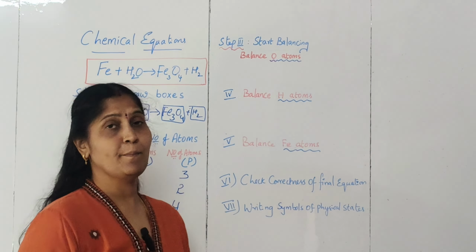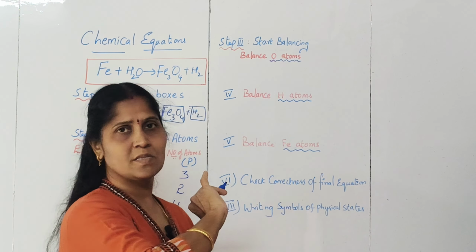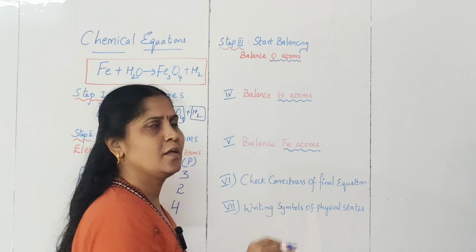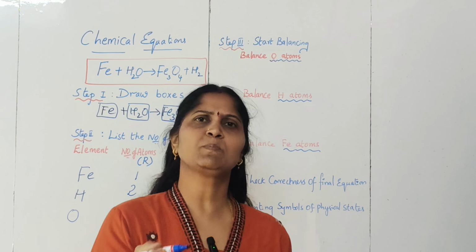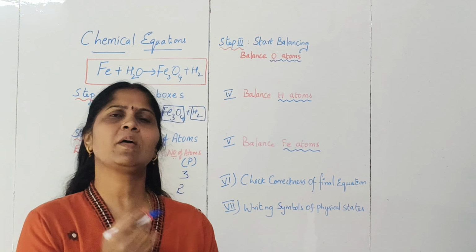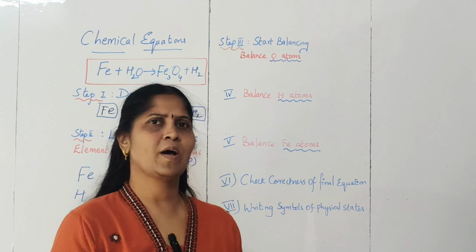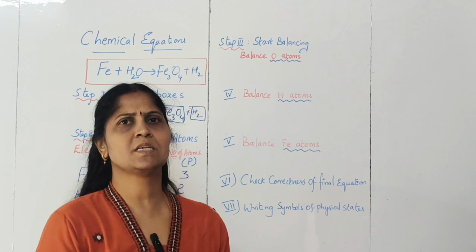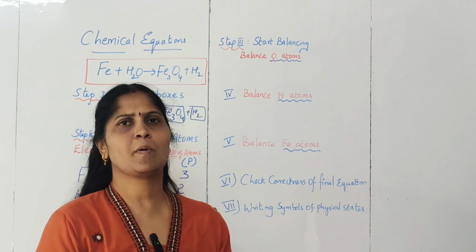Then coming to the third step, we have to start balancing the equation. When starting with the balancing of the equation, first balance oxygen atoms. Why we need to balance oxygen atoms in this particular equation is, whatever may be the equation, while starting with balancing, we have to check for the compound which is having maximum number of atoms.